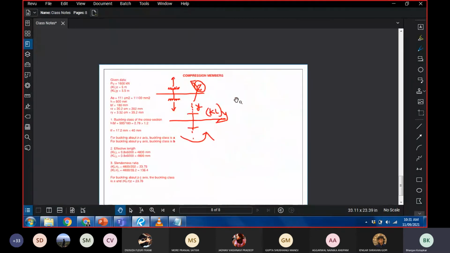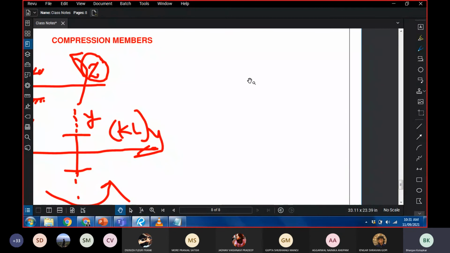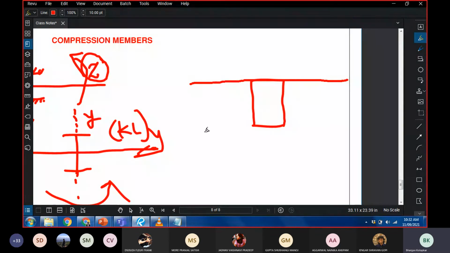If I have to explain it in simpler terms, let us just take the example of reinforced concrete. Let us say that we have a column, and there are two beams framing into this column.